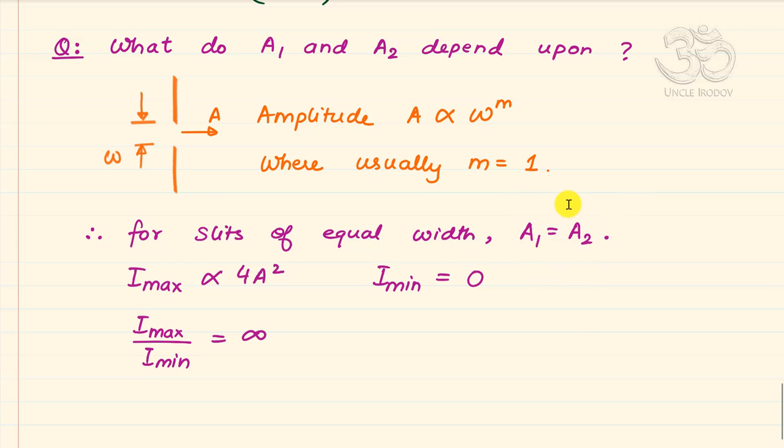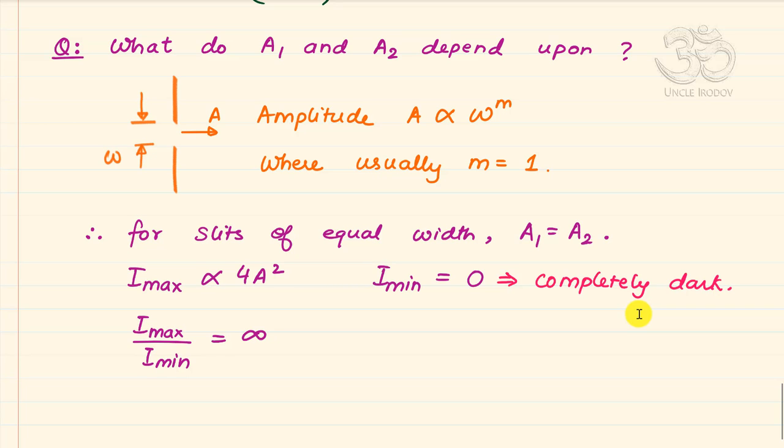So only when the two amplitudes are equal, the minimas will have 0 intensity, which means they will be completely dark. But if the amplitudes are not equal, then the intensity at a minima will not be 0. It will be (A1 minus A2) whole square. That means the minima will not be completely dark. There will be some brightness there even at a minima.